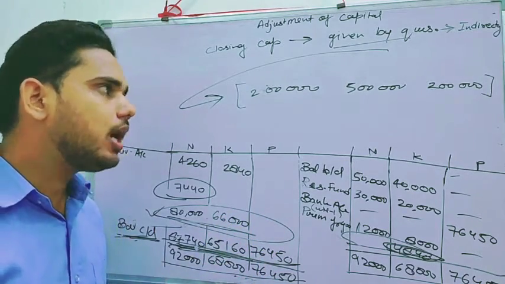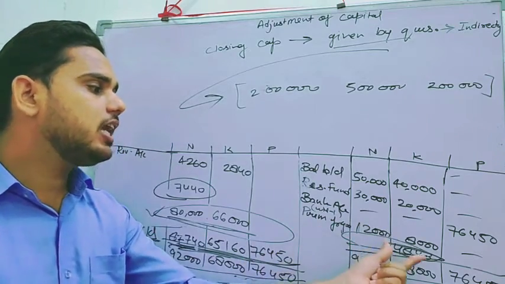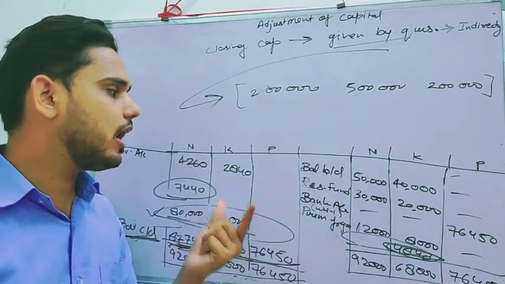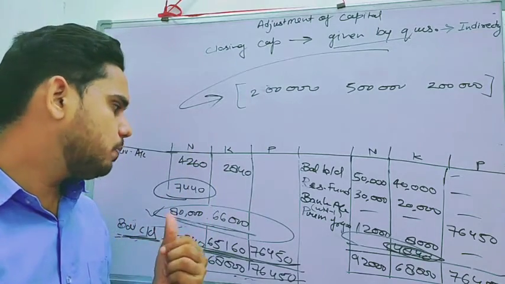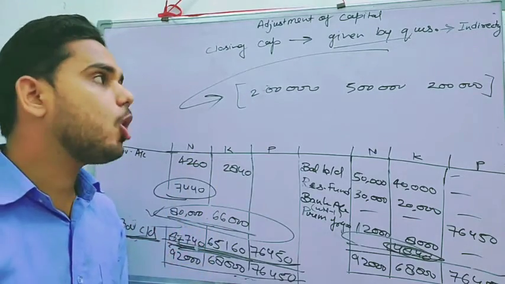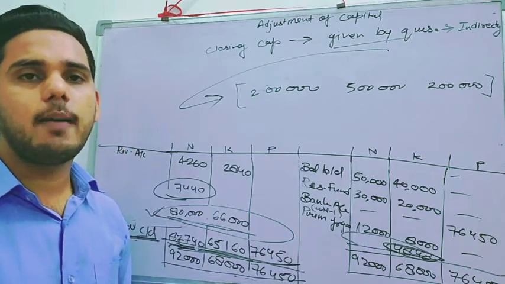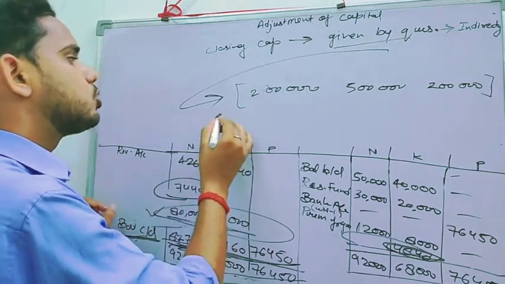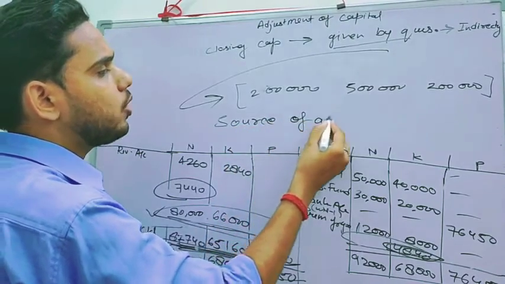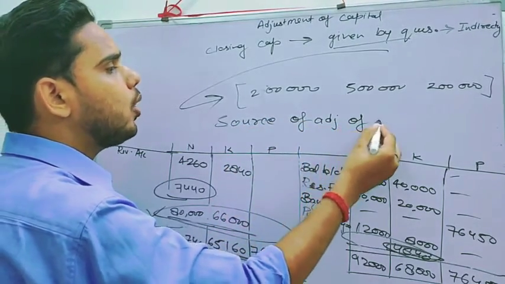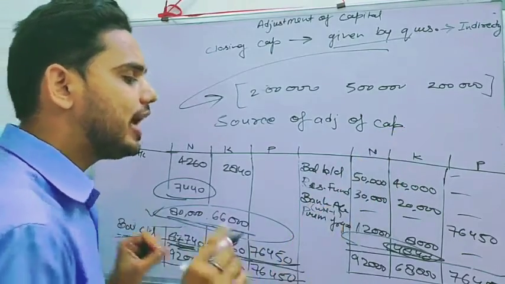So sir, what will we do for that difference which we are getting either on the debit side or on the credit side? That is known as source of adjustment of capital. What does it mean? Source of adjustment of capital means what you are going to do for that difference.